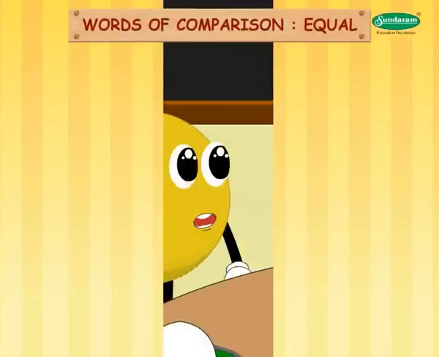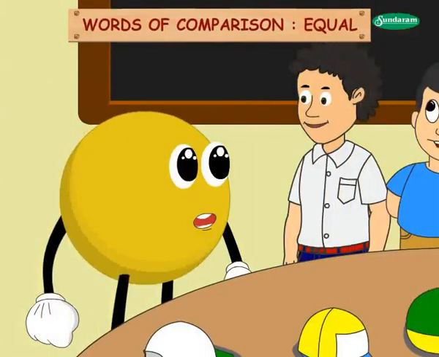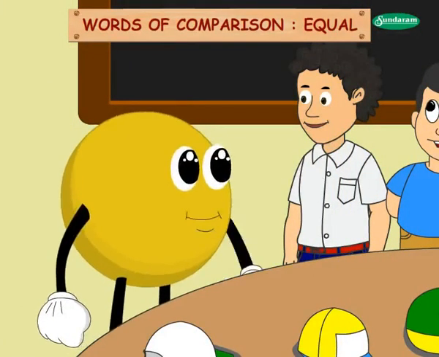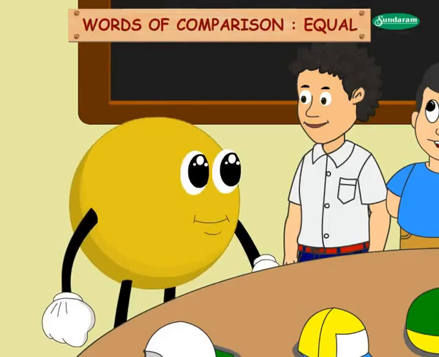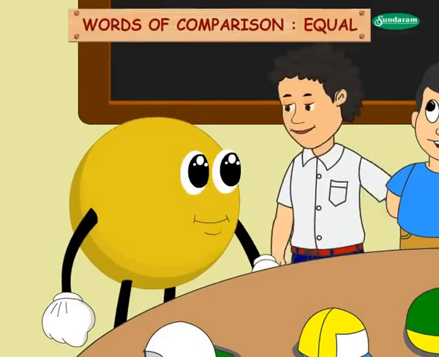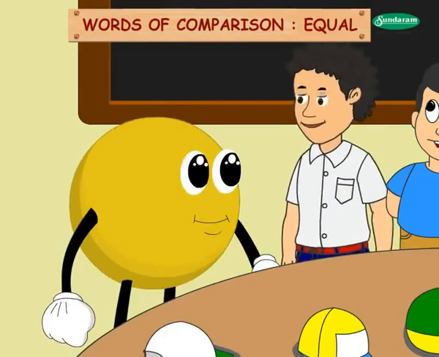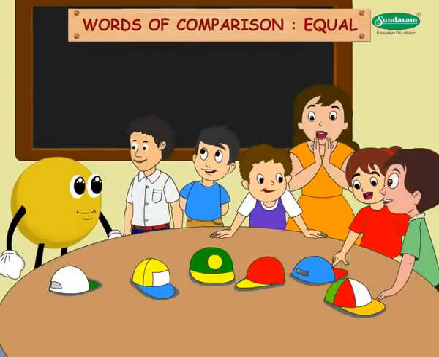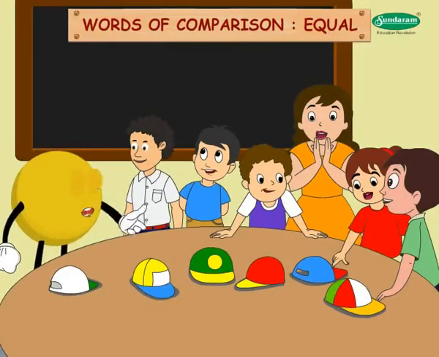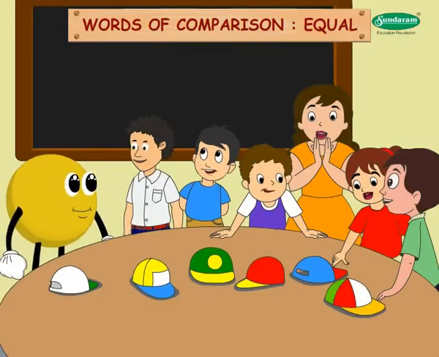Words of comparison. Equal. Hey Sahil, what's special? It is my birthday and I have brought birthday caps for everyone. Wow! Let's distribute one cap each to each child. Make one-to-one pairs.